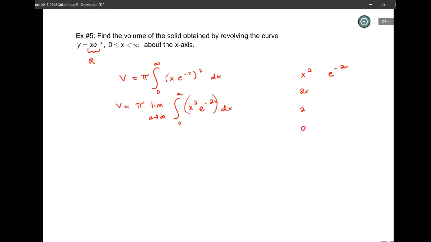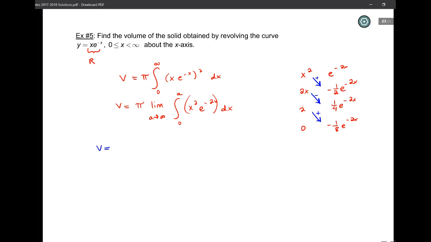Now keep in mind, this is going to be e to the negative 2x over negative 2. So it's going to be negative 1/2 e to the negative 2x. Do that again, and we're going to get positive 1/4 e to the negative 2x, and then negative 1/8 e to the negative 2x. And then we draw more arrows. It's going to go plus, minus, plus.